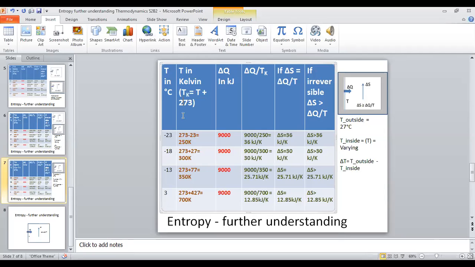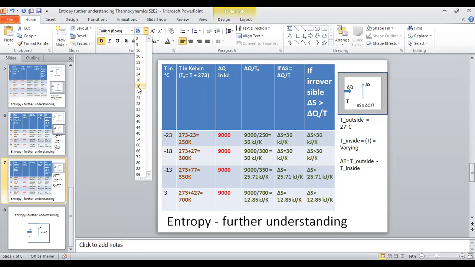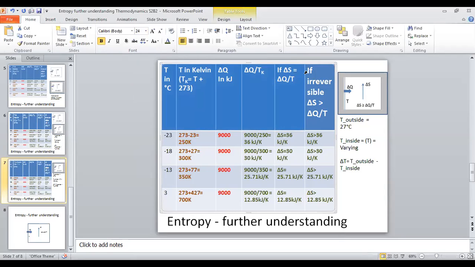Let me minimize this text since you're familiar. Change it to 24. Minimize this also.